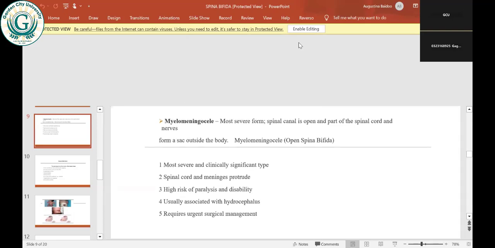surgical management. When you are doing a head-to-toe examination, you see a fluid-filled sac at the back of the baby. And because it involves the spinal cord, it is the most severe form. There is a high risk of paralysis and disability because the spinal cord is involved.